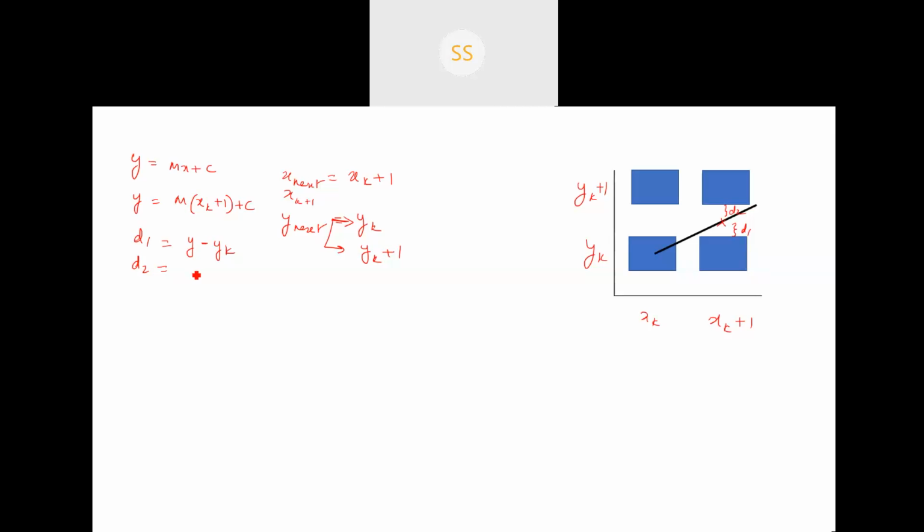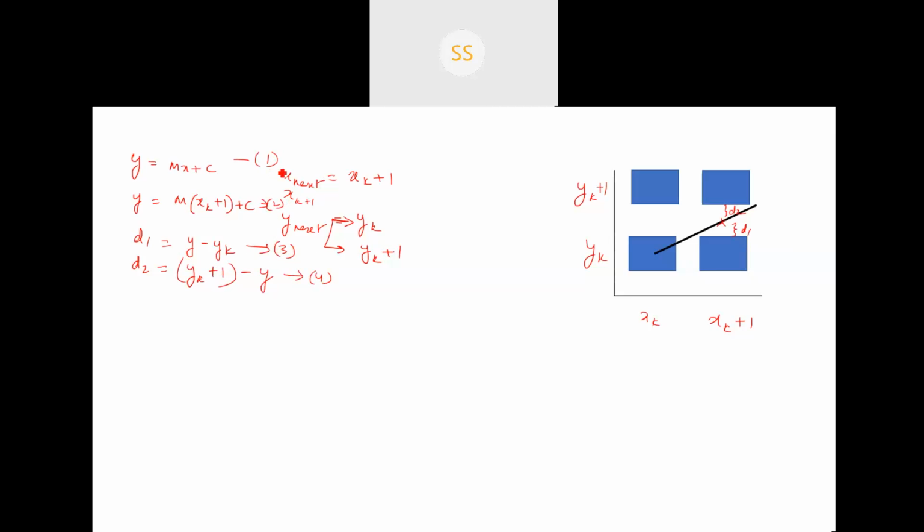The distance d2 is between my y points because x is the same, right? So I don't have to find the difference in x values, I need the difference in y values. The top value is yk plus 1, and from that I subtract my y. So this is my equation 1, this is my equation 2, this is my equation 3, and this is my equation 4.